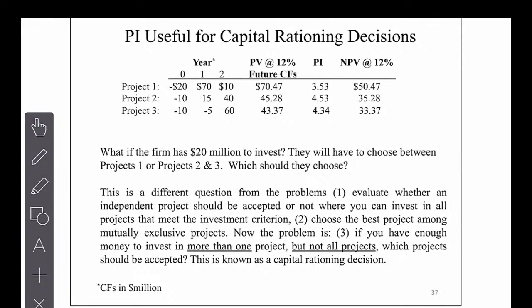Should you pick 1 or 2 and 3? You can afford either 1 or 2 and 3. Which is better? You can't do all of them. You don't have enough. You have 20 million.